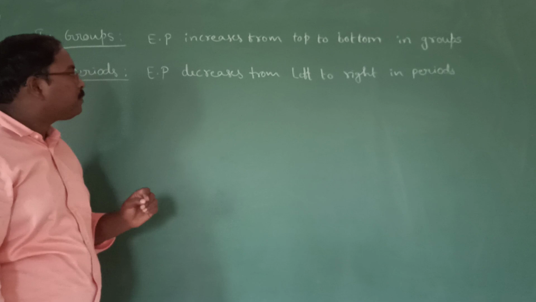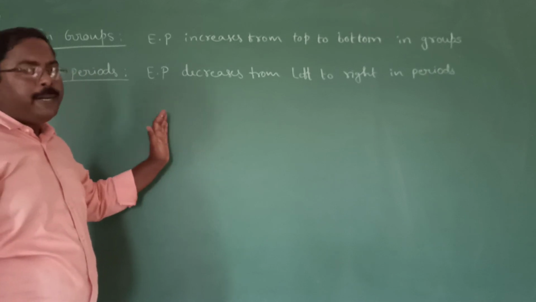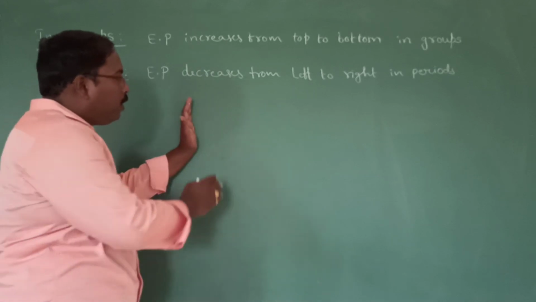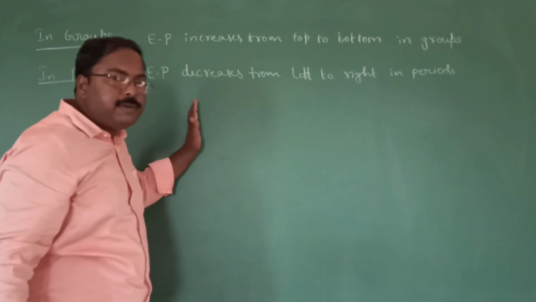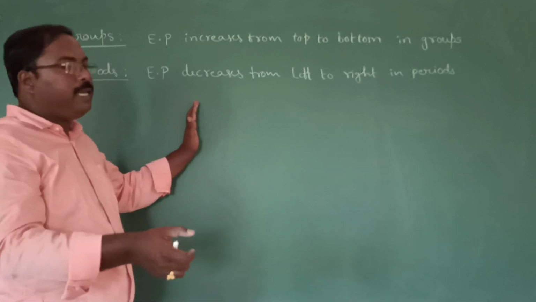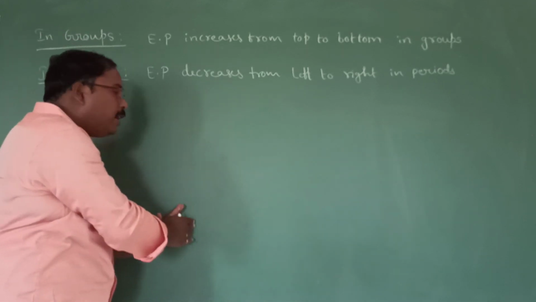So in the period, if you observe, from left to right electropositivity is decreasing, which means these left hand side groups will have more electropositivity.